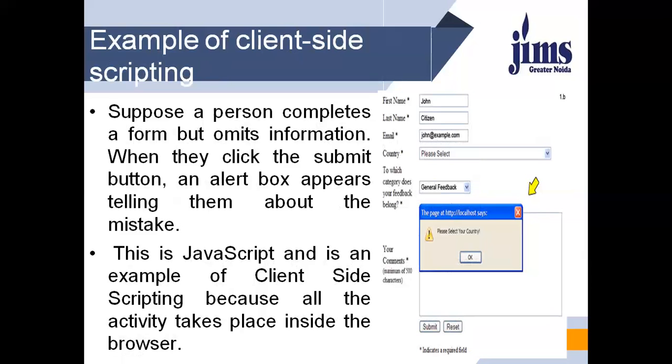So when you click on the submit button, an alert box will be displayed telling you to please select your country. It will remind you that you have not filled this particular field, so please fill the data and then only your data will be submitted.